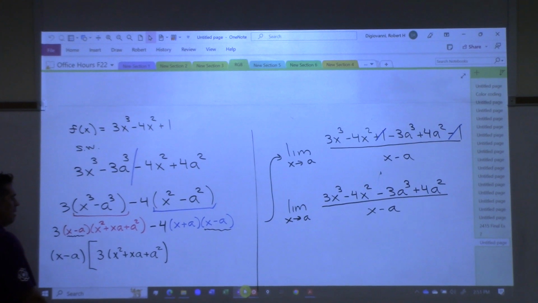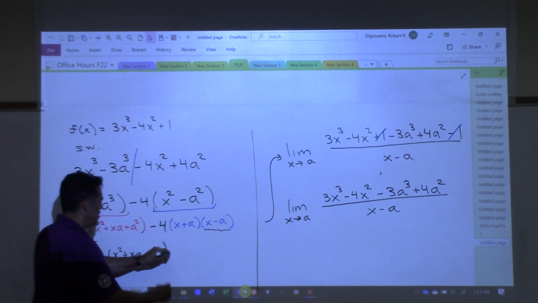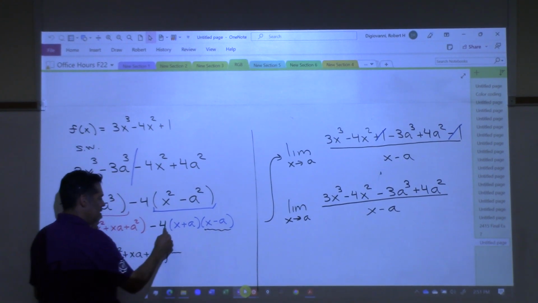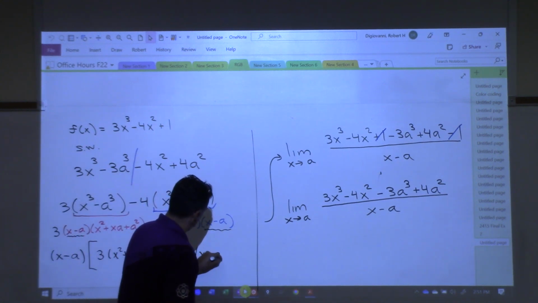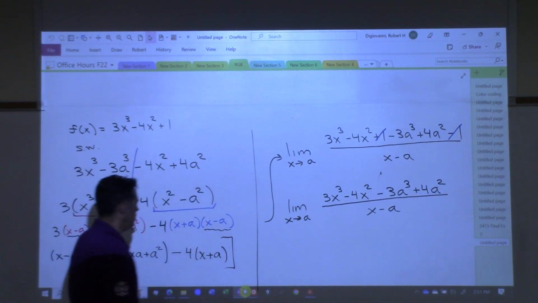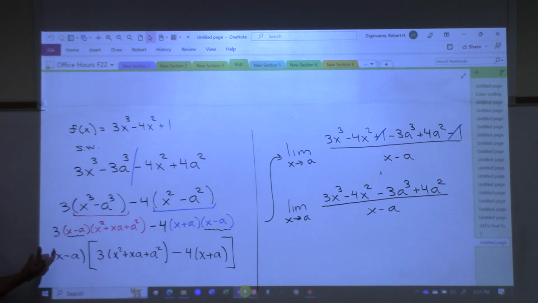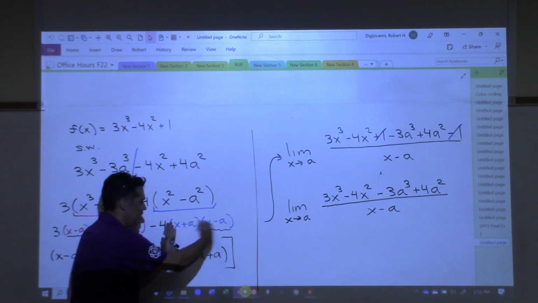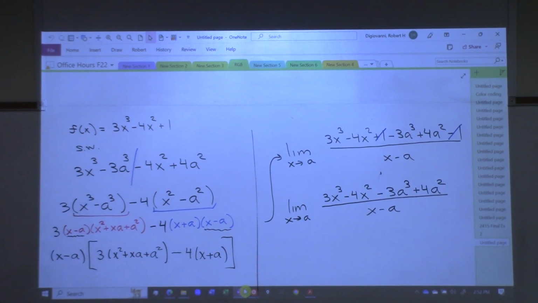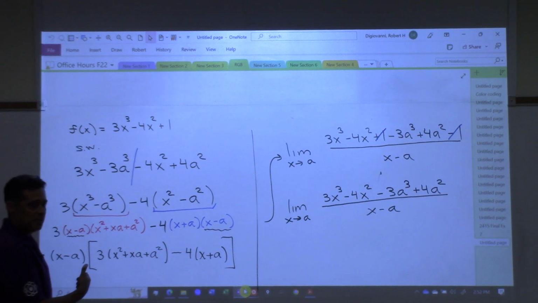And then I still have over here minus, and then I pulled this out, so I'm still left with the 4 and the x plus a. Close my bracket. Hopefully you see that if I distribute this to here, I get that. And if I go here to here, I get this. You'll see that algebra? Any questions?